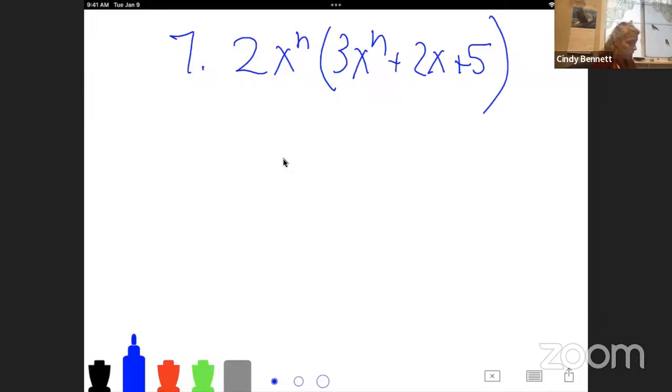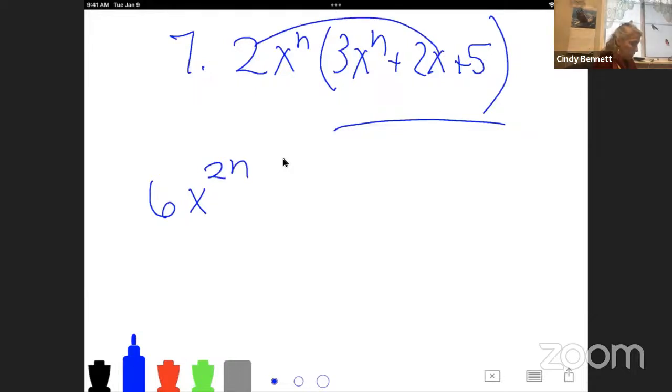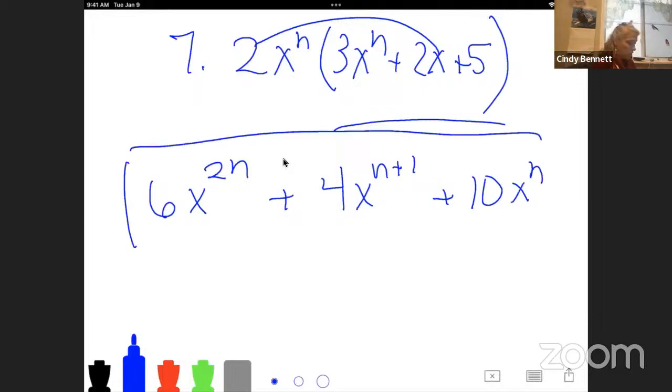I cannot combine anything in the parentheses, so I have to distribute the 2x to the n. So 6x to the n plus n is 2n, plus 4x to the n plus 1, plus 10x to the n. And that's as far as I can go with that.